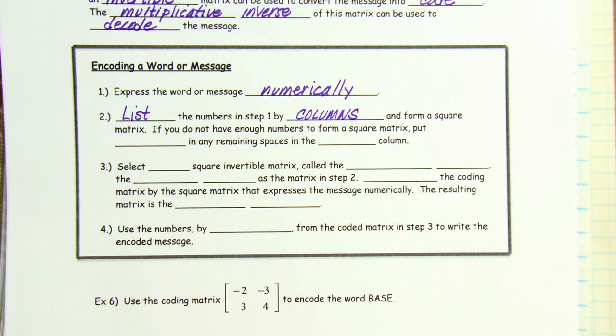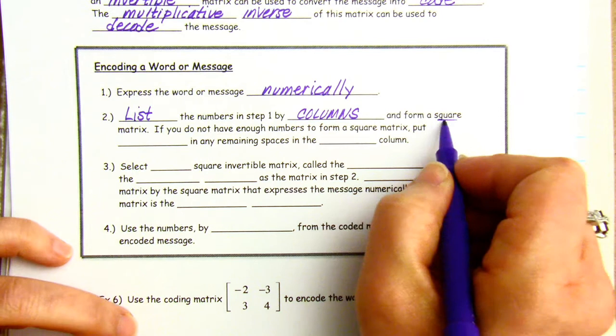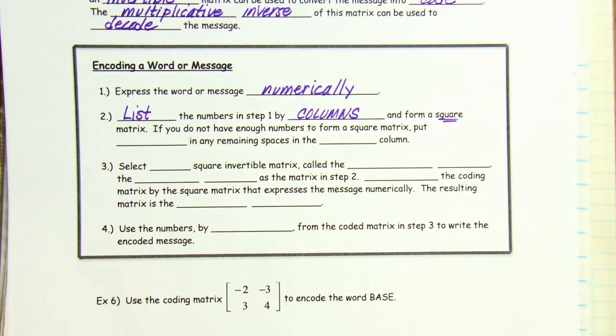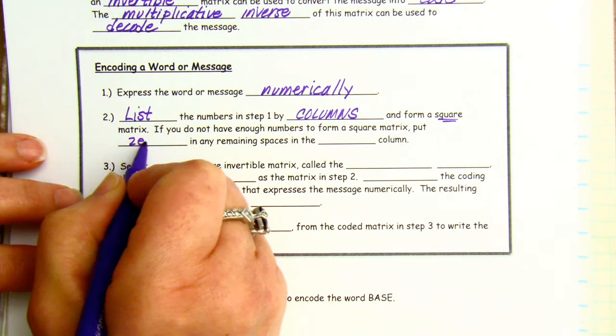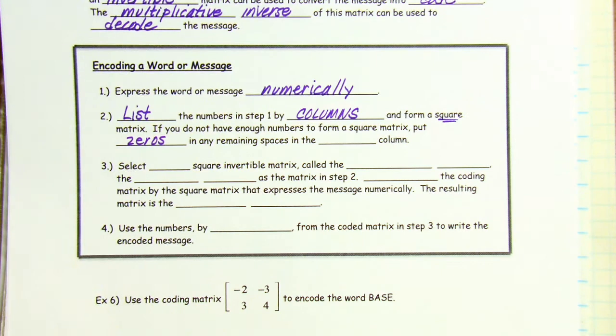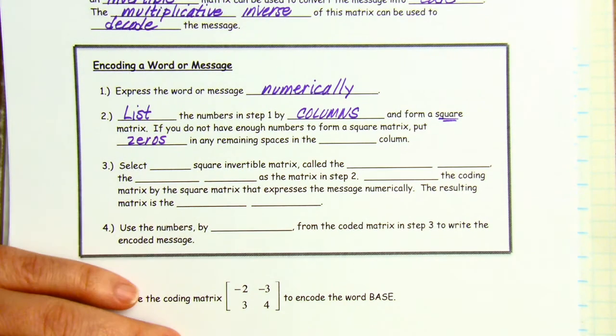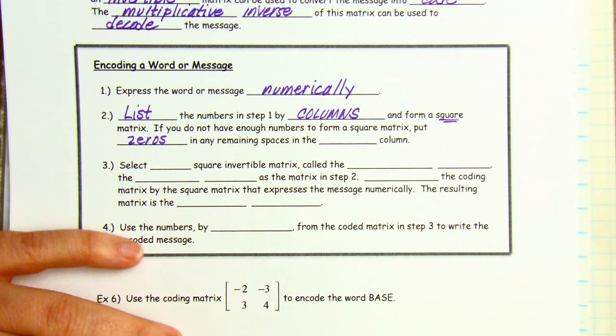And it's important to know that you need a square matrix, an n by n, 2 by 2, 3 by 3, 4 by 4, etc. If you do not have enough numbers to form a square matrix, put zeros in any remaining spaces in the last column.